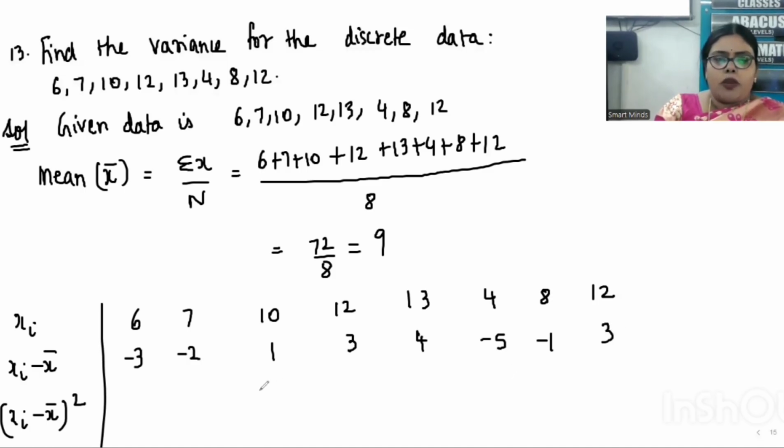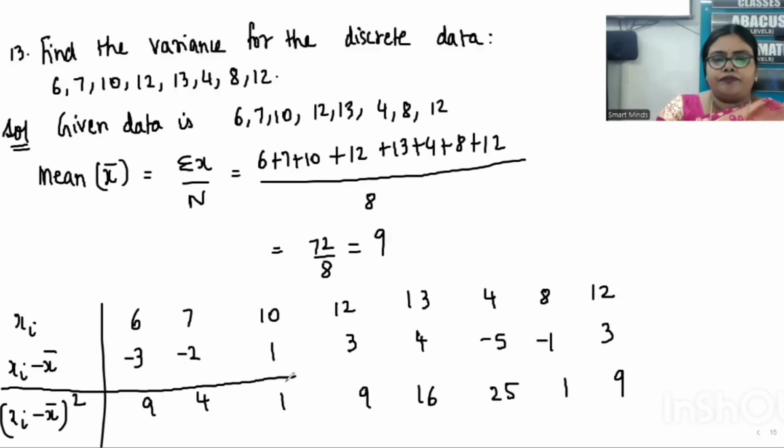Now we need to square them. So this is 9, 4, 1, 9, 16, 25, 1 and 9. Now we need to add this last column. This last row we have to add. So what do you get if you add this?